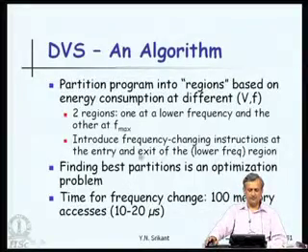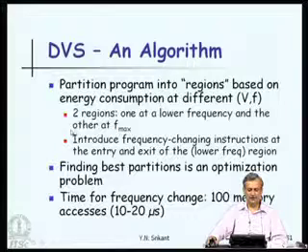Now, how is this performed? We try to partition a program into regions based on the consumption of energy at different voltages and frequencies. It has been shown that two regions are usually sufficient. One of the regions operates at a lower frequency and the other operates at the maximum frequency.